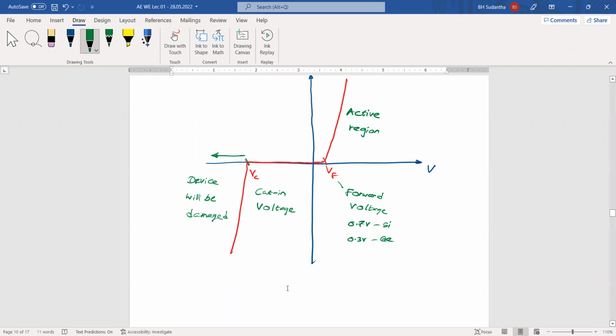I'll show you the data sheet of a diode. Wait a moment, I'll find that one. These are practical diodes. You can see these values there.